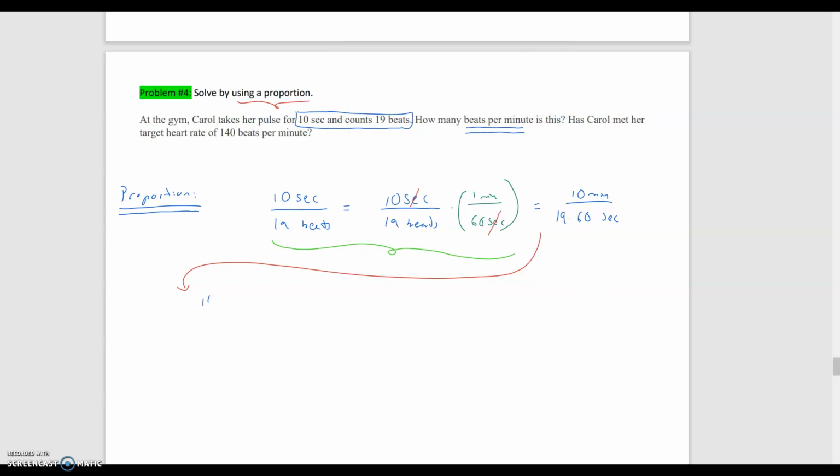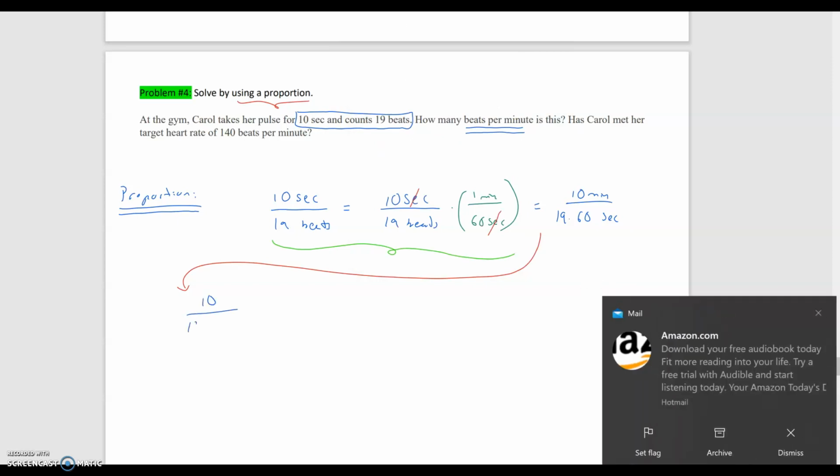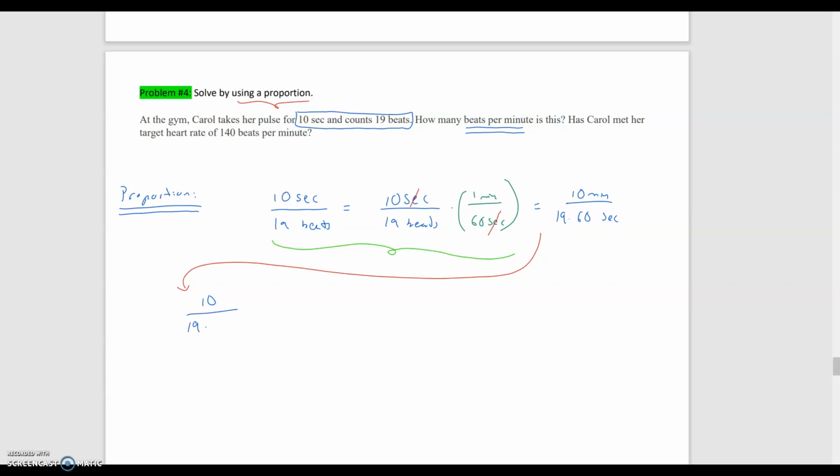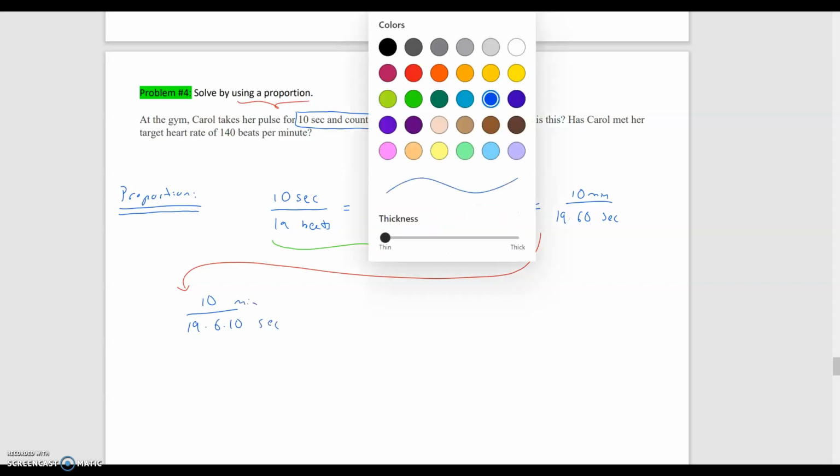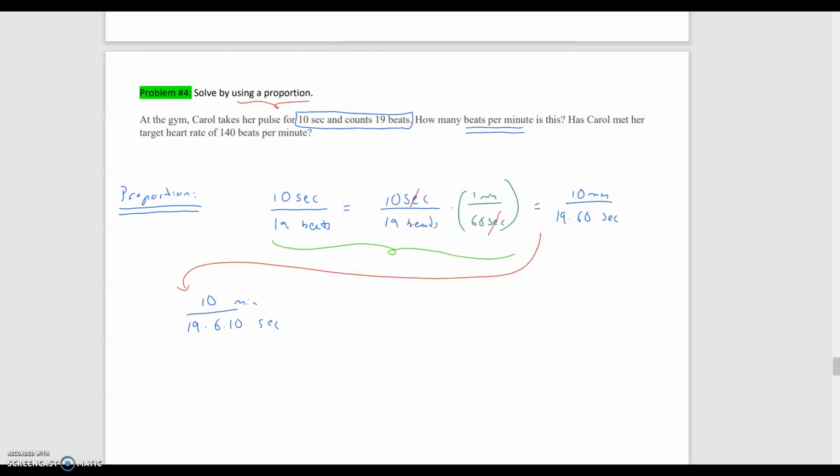So technically this will be 10 over 19 times 6 times 10. And this is still minutes per second. And you can cancel the tens. So this is equivalent to 1 minute over 19 times 6.